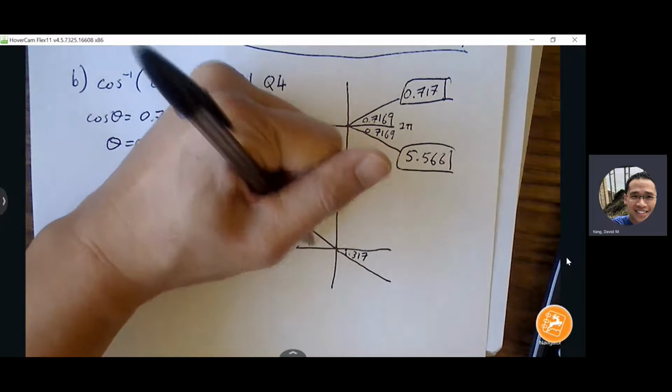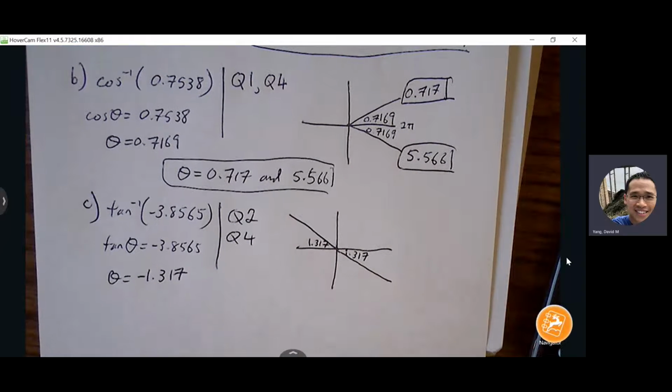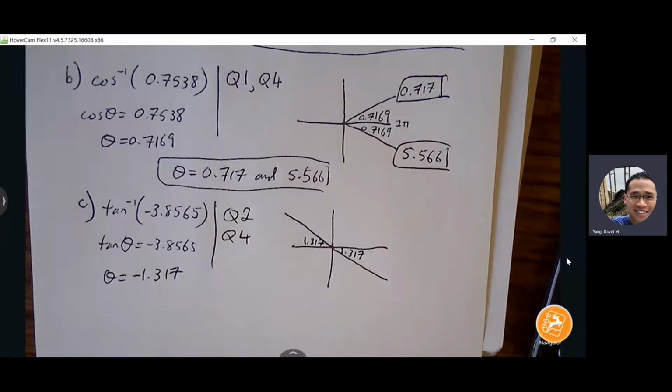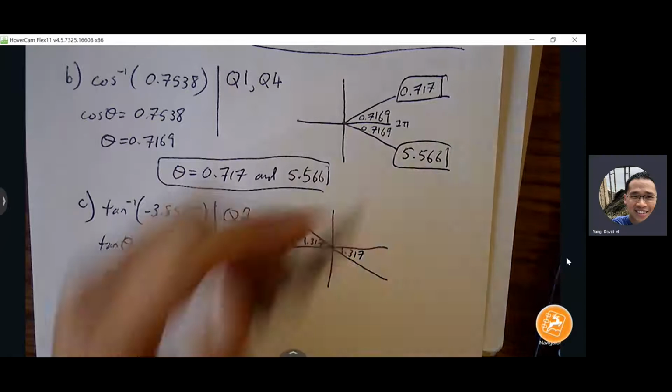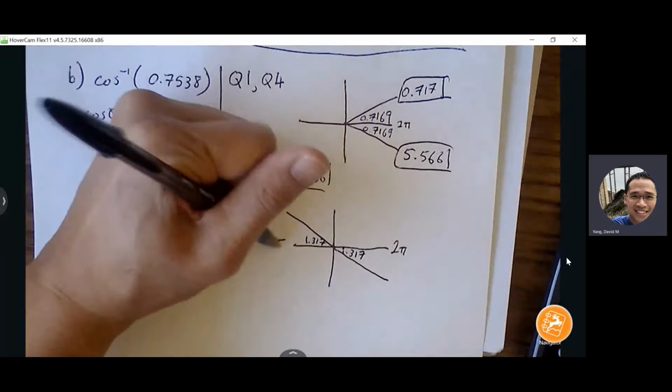All your reference angles will be positive, okay? If you see a negative reference angle, or a negative angle, you can put that in as positive. One side you'll subtract from 2 pi, another side you'll subtract from pi.